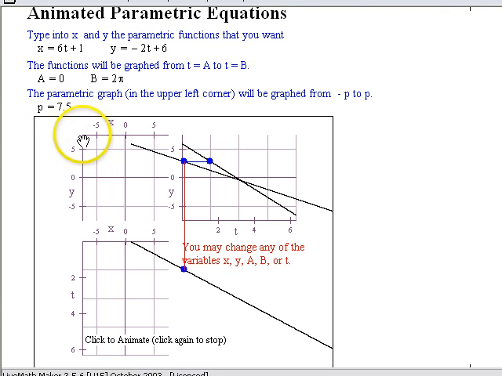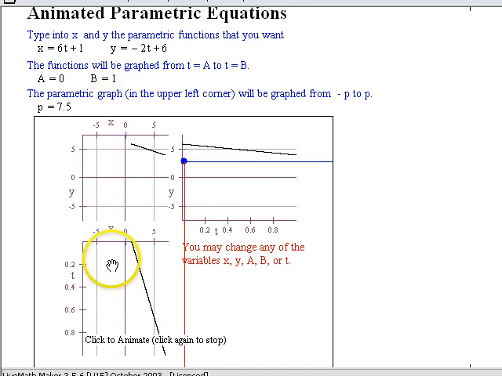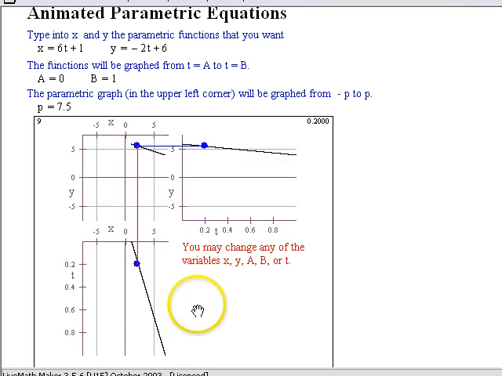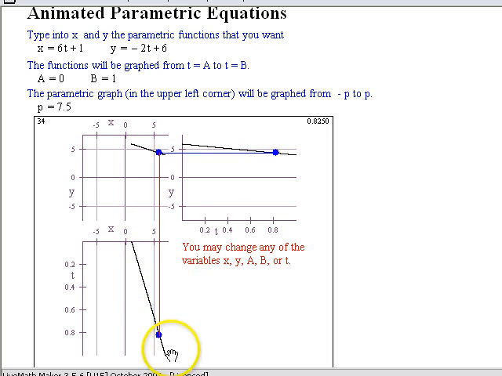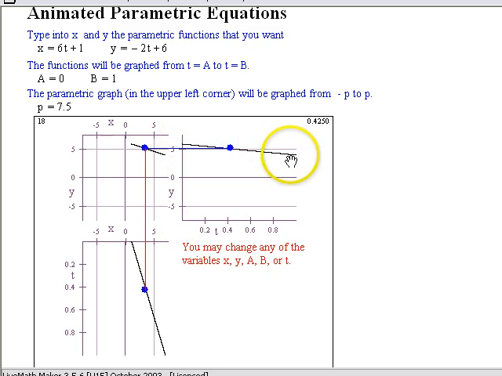And I think I can see everything I need to. I was interested in values of t between 0 and 1. And so I look here and I say, is this doing what I wanted it to do? Well, the x-coordinate starts at 1, climbs up to 7, the y-coordinate starts at 6, goes down to 4, and I'm drawing that line segment.